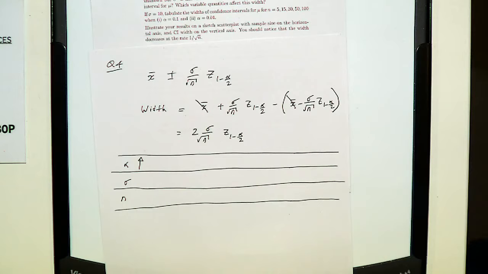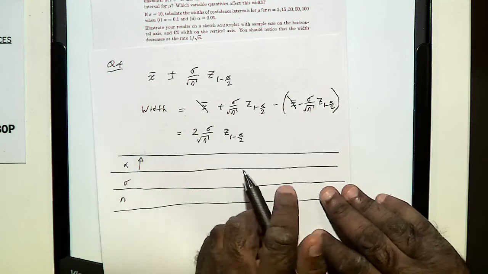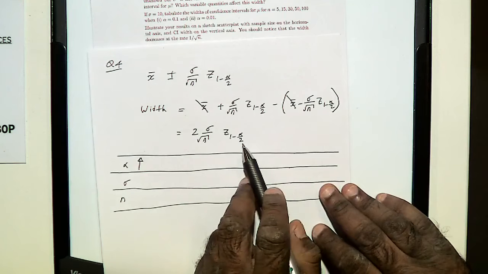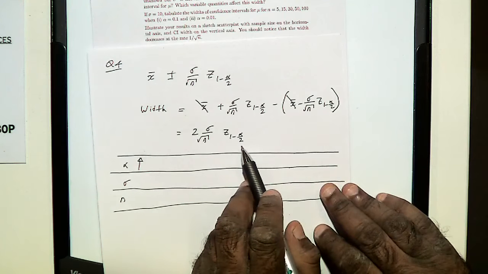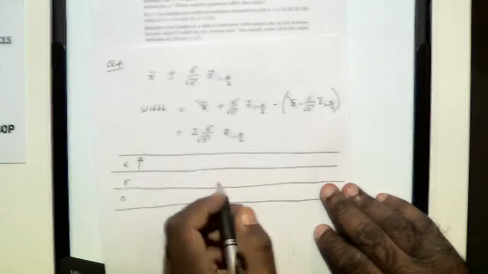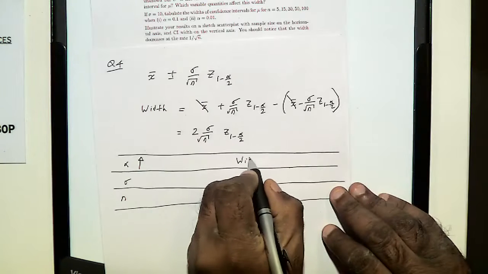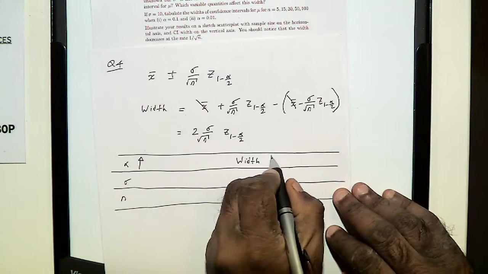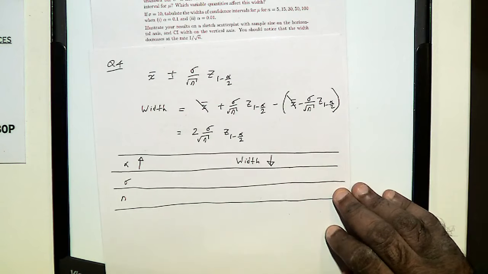Any answers, guys? You've done your math, right? If I increase the value for alpha, 1 minus alpha by 2, what will happen to it? It will decrease. And so does this value. So the width as a function of alpha will decrease. Okay?